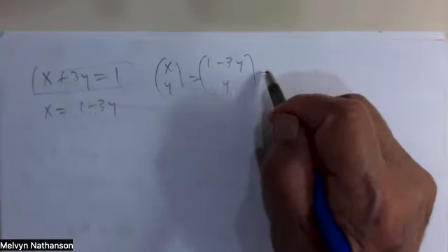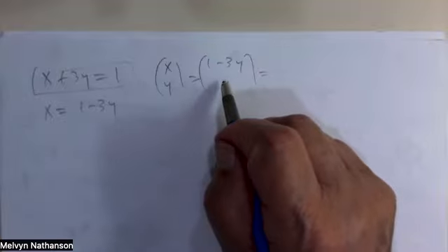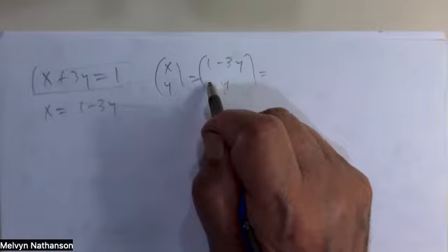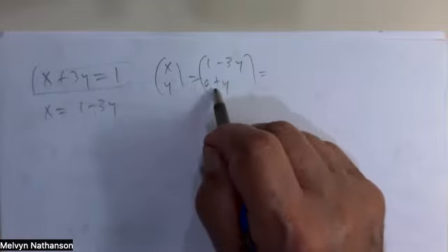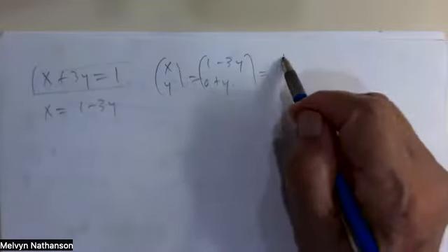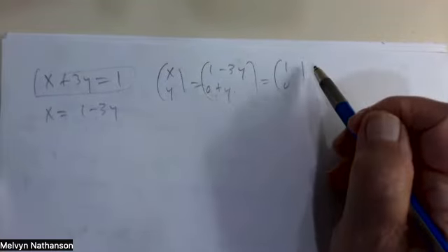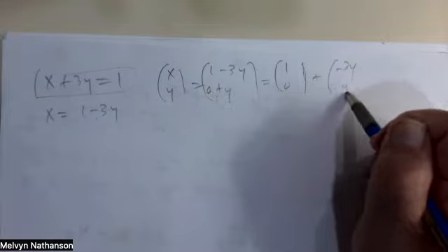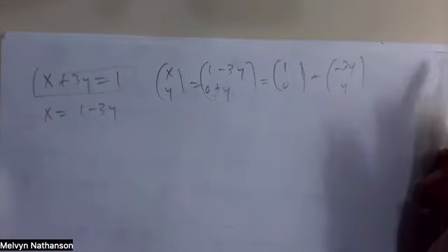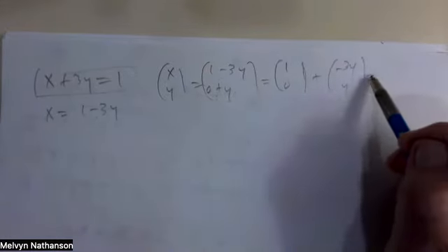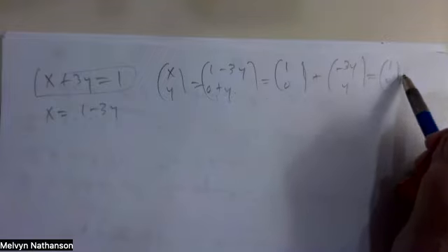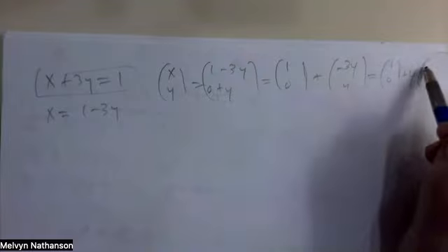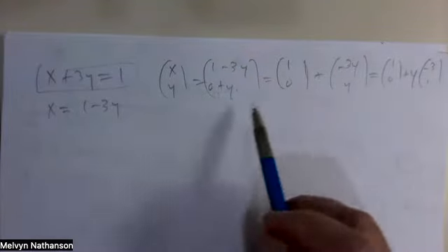I can write this as follows. You never would do this except when you're learning a little bit. You can think of y as 0 plus y. This is the sum of the vectors 1, 0 plus minus 3y, y. And this is the vector 1, 0 plus y times the vector minus 3, 1.